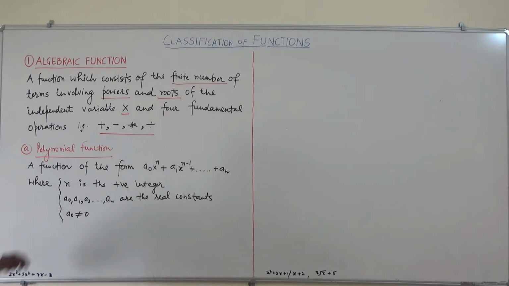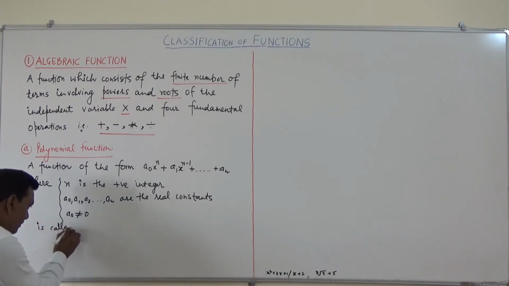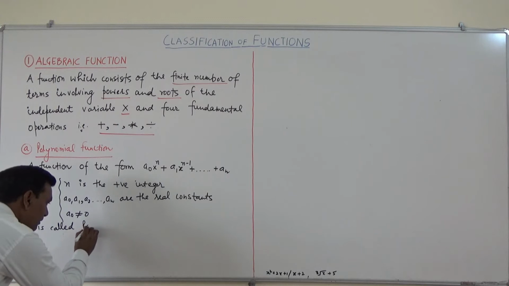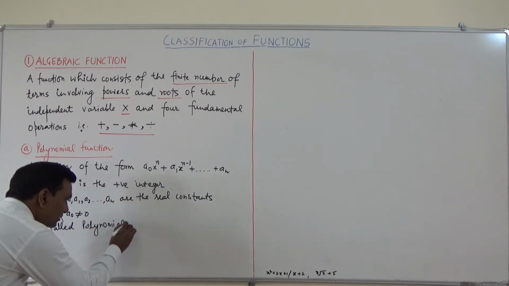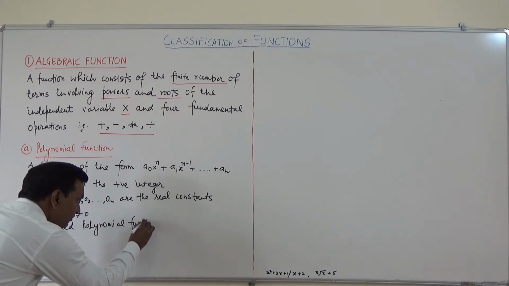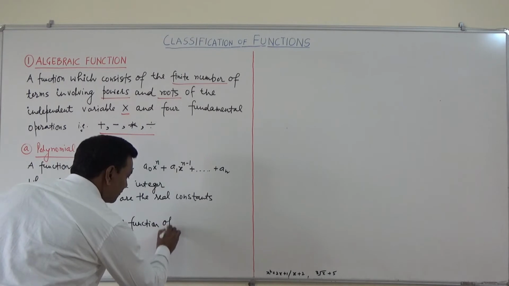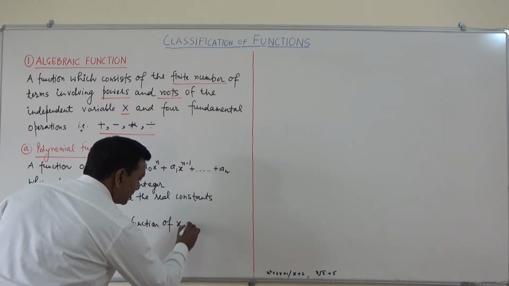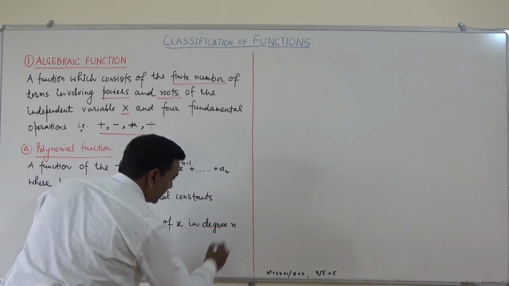So in this case, this form is called polynomial function of x in degree n.